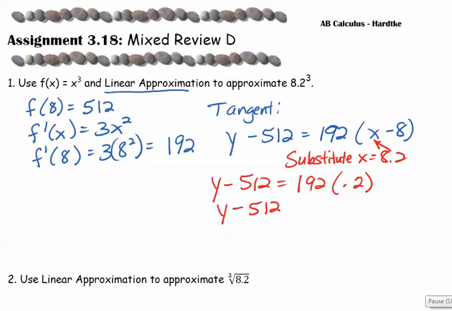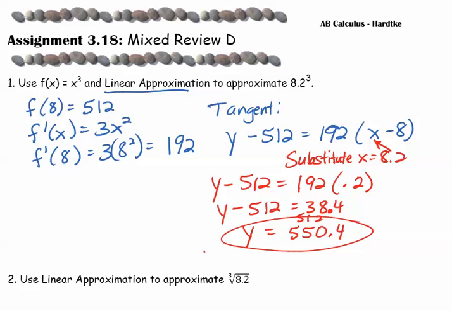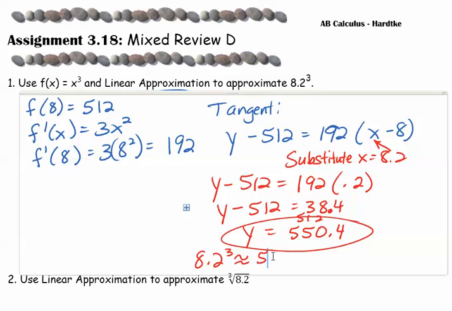If I double 192, I will get a 4, an 8, and a 3, and then I need a decimal place. And then I would add 512 to both sides. So it comes up with 550.4.